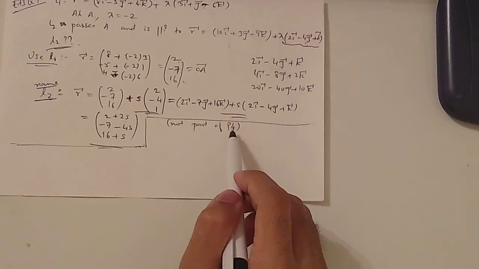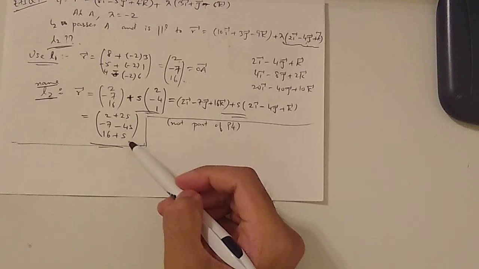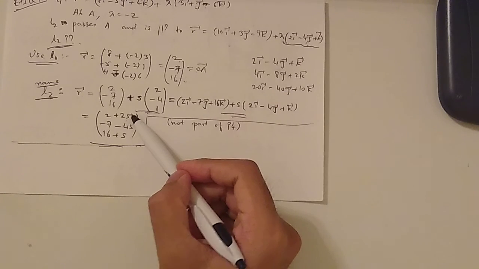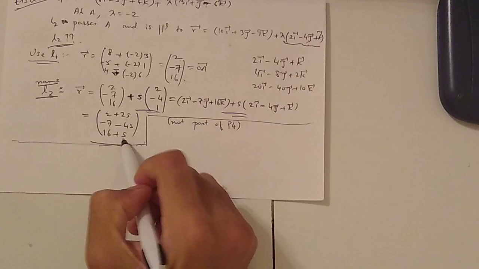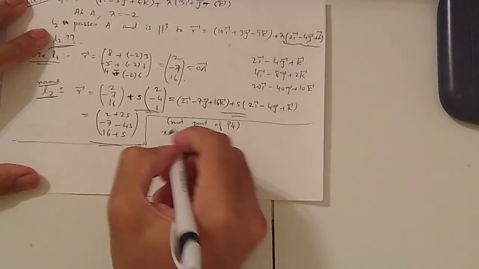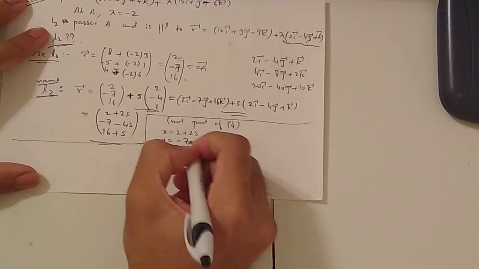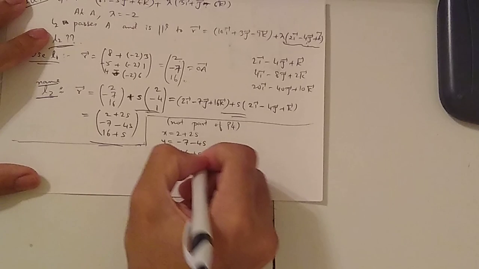But if you do want to find a Cartesian equation, notice that we have three components. The first component is the x component, the second is the y component, the third is the z component. Therefore, you can write this as x is equal to 2 plus 2s, y is equal to minus 7 minus 4s, z is equal to 16 plus s.